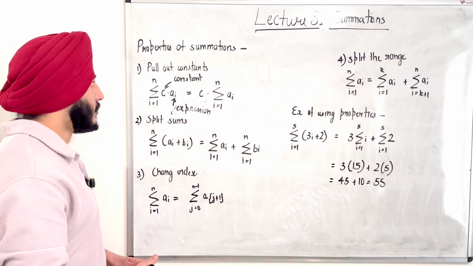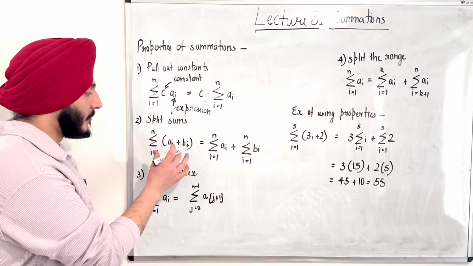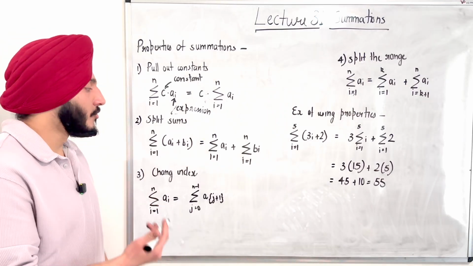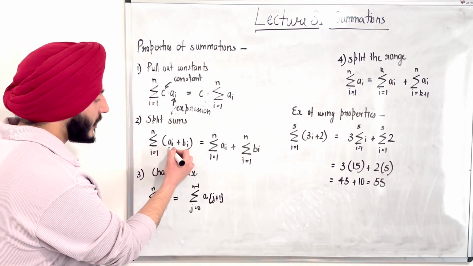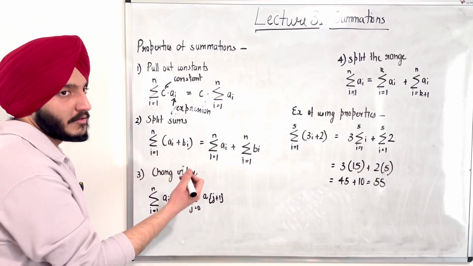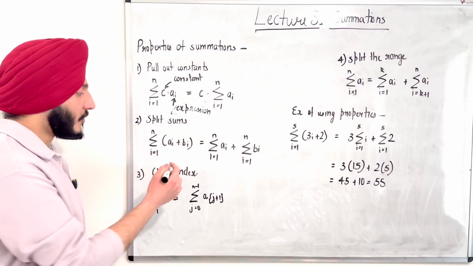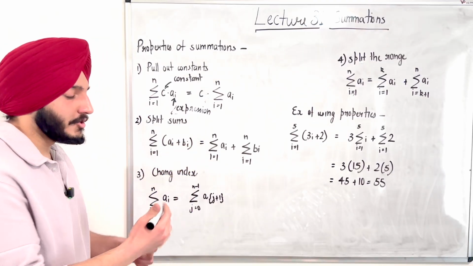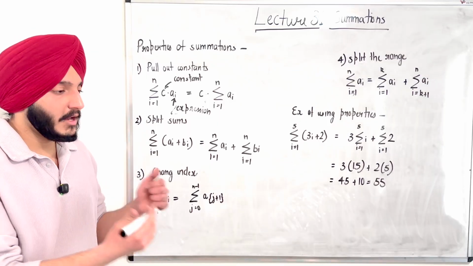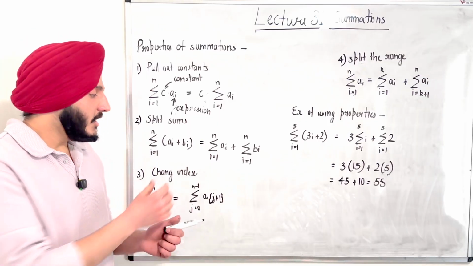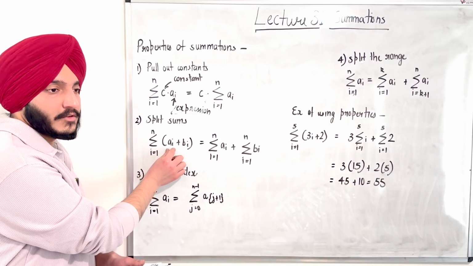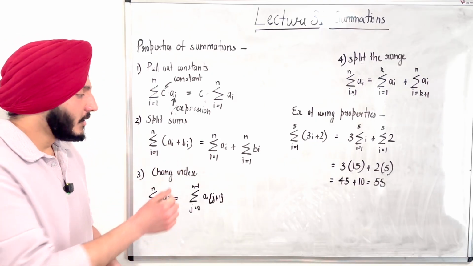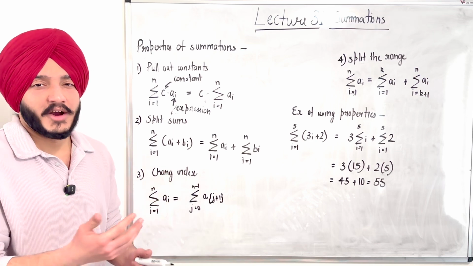Very simple. So second one is split the sums, right? Now again, this is very simple to understand. If you have a summation where you're adding basically two different sequences. So for example, this a_i could be an expression where a_1 is, let's say 1, a_2 is some certain value. Maybe in this sequence, you're multiplying each value by 2. And maybe in b_i, you're multiplying each value by 3, right?